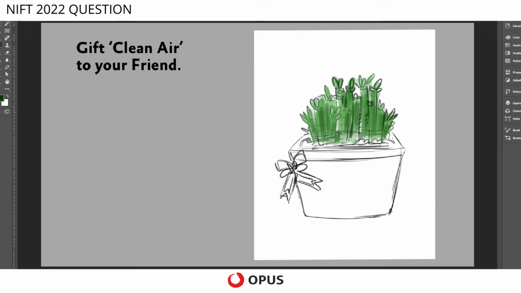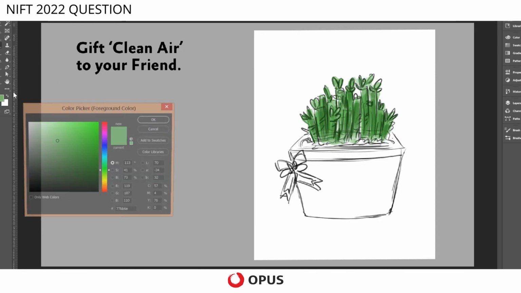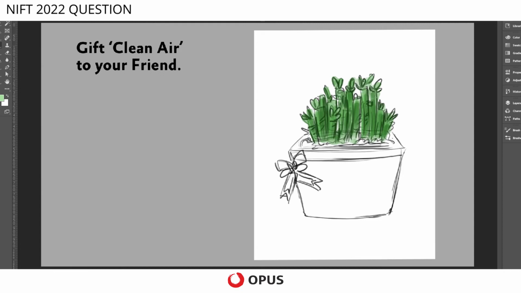So in this way, you can draw the house plant which has just started growing, and then you can add certain highlights here and there to give proper light and shade to the plant itself.